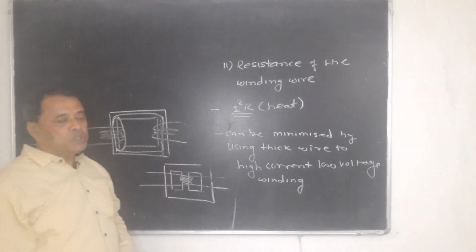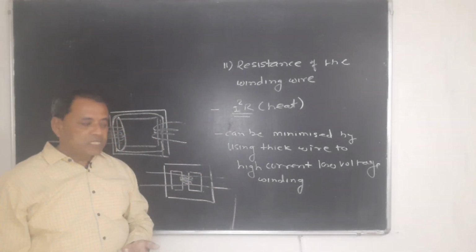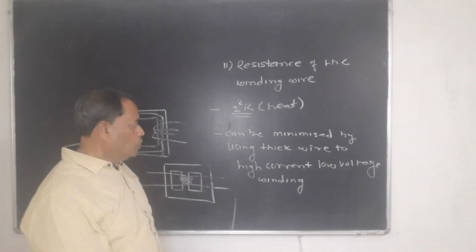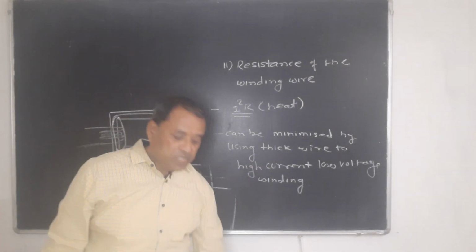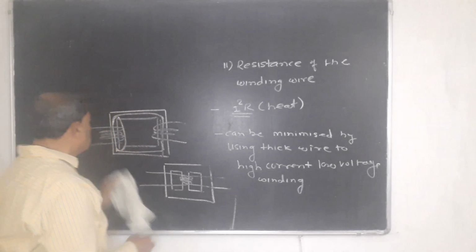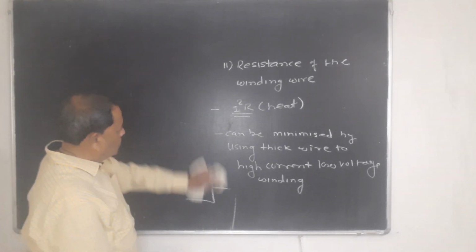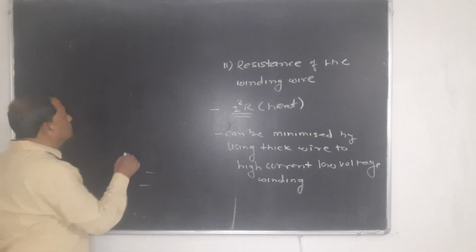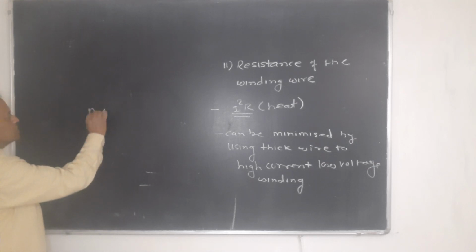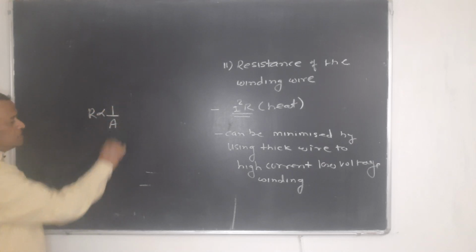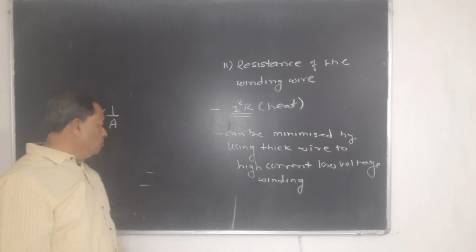Where the current is more, at that time voltage will be less. So in this winding, use the thick wire. We know that resistance is inversely proportional to the cross sectional area.